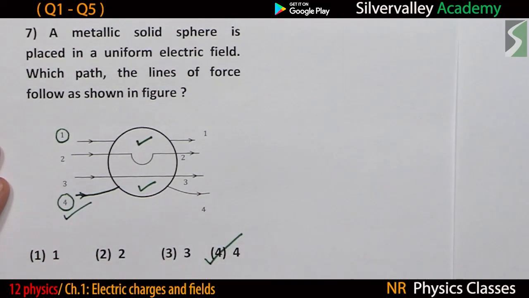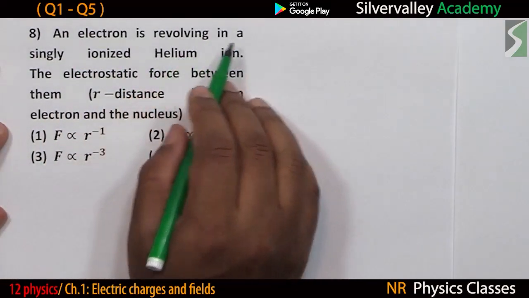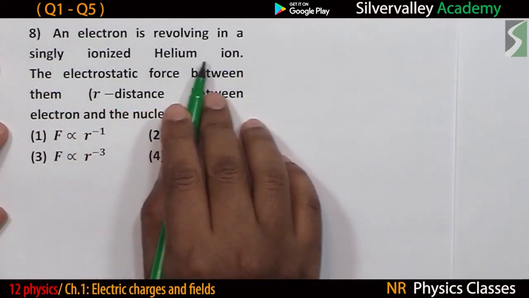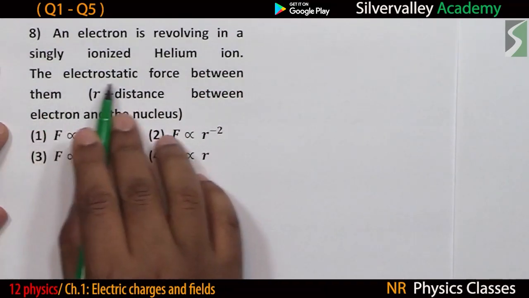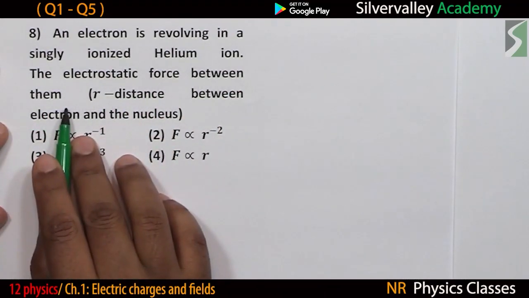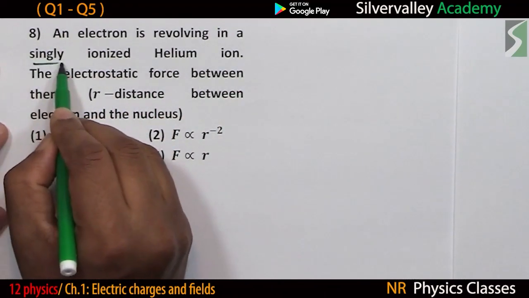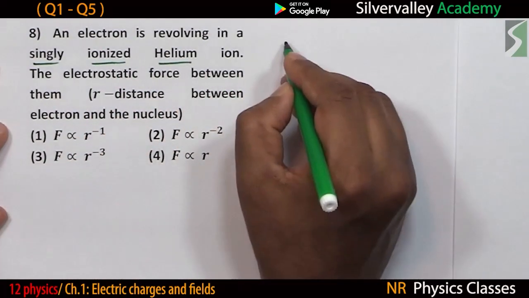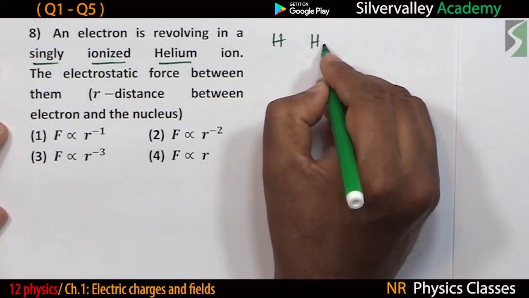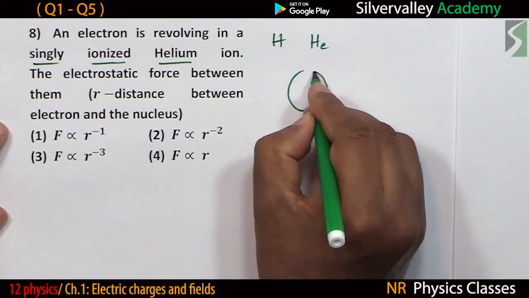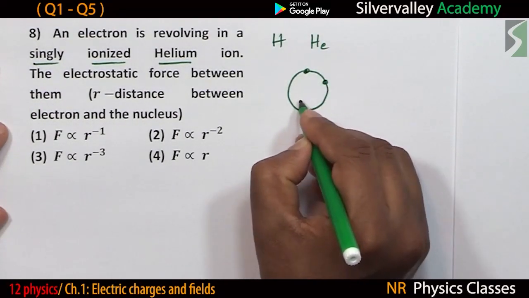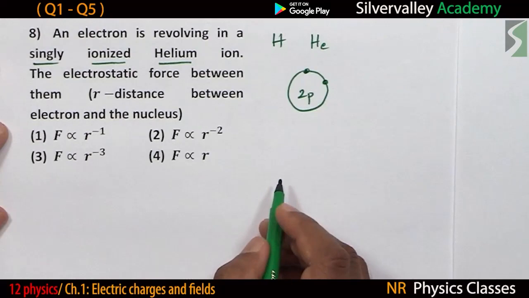An electron is revolving in a singly ionized helium ion. The electrostatic force between them. Now, singly ionized helium: helium has 2 electrons, 2 protons.